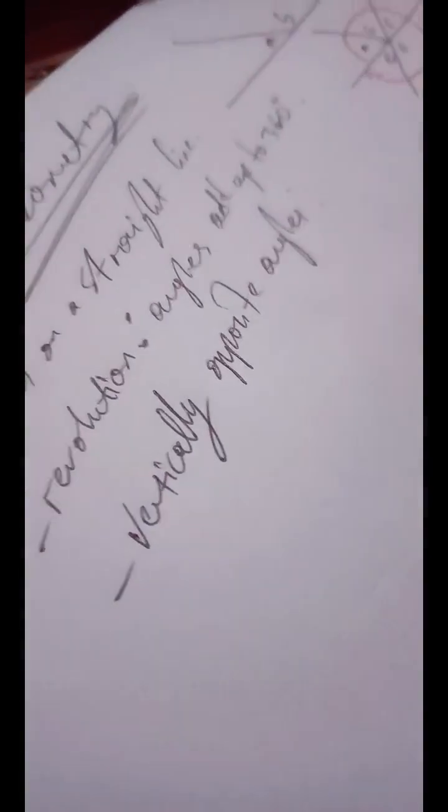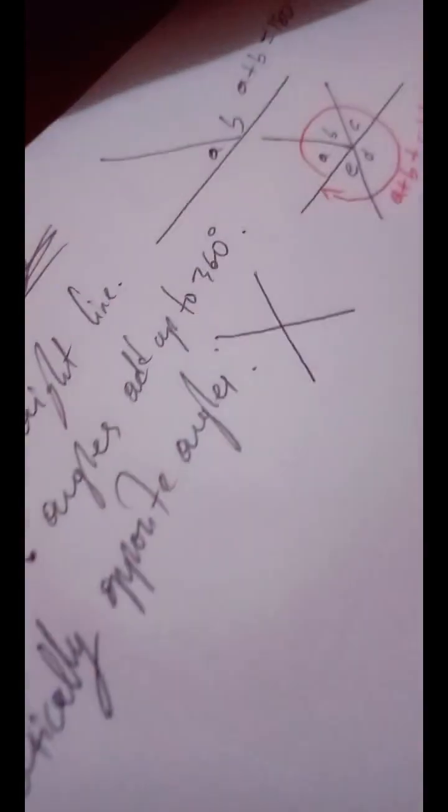From there, let's go to vertically opposite angles. We are starting from the ground. If we are saying vertically opposite angles, we are saying that angles are opposite to each other.